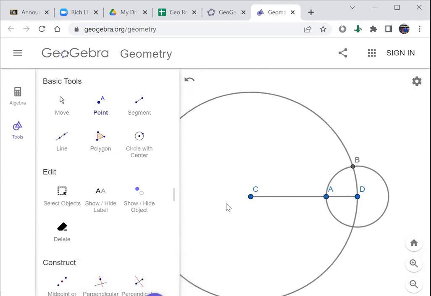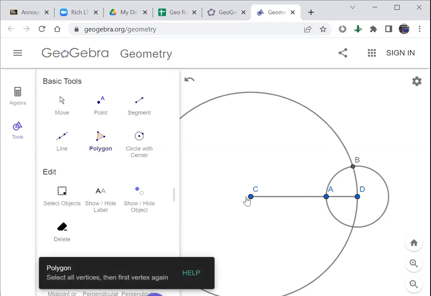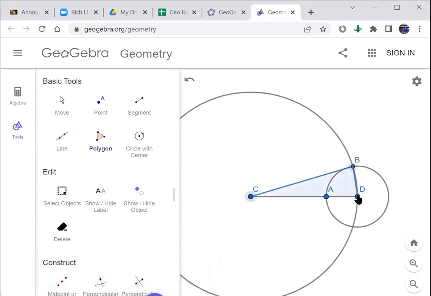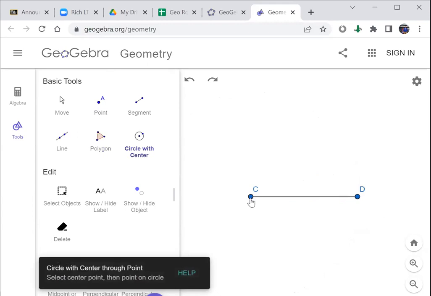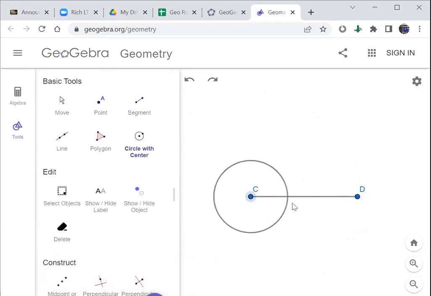I can take this point here and make a triangle out of it, because I have two overlapping circles. Now, if I don't have two overlapping circles, say I start with a circle centered at C and only go out a little bit, and then starting at D I go out a little bit.